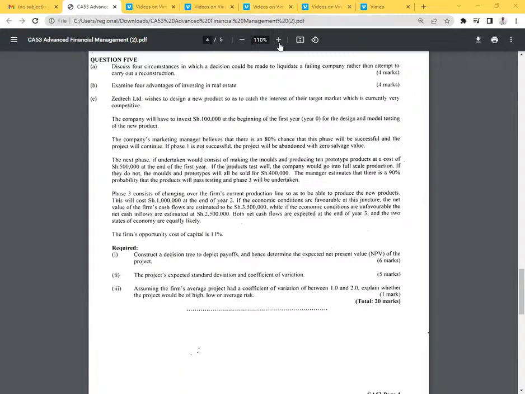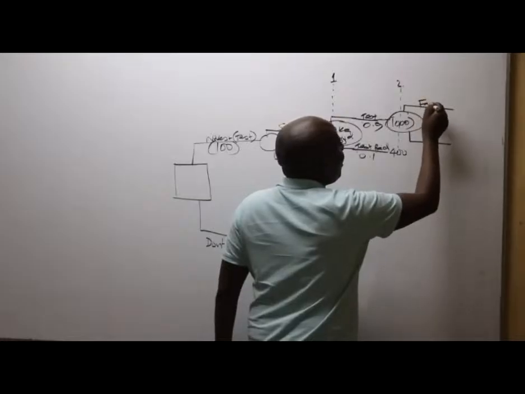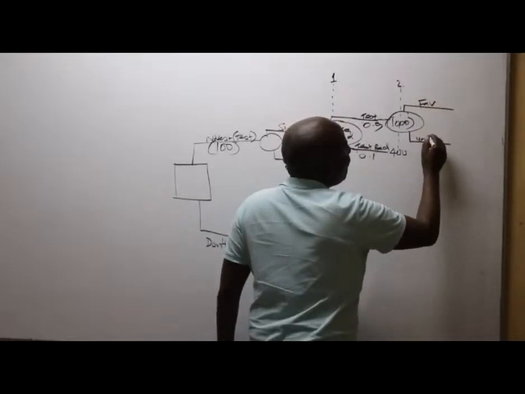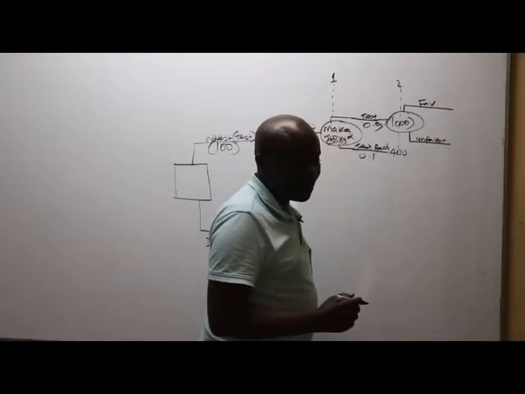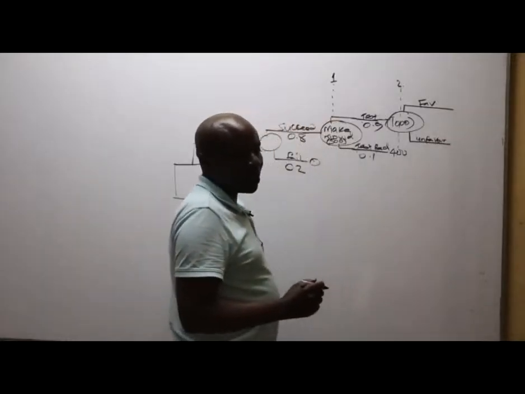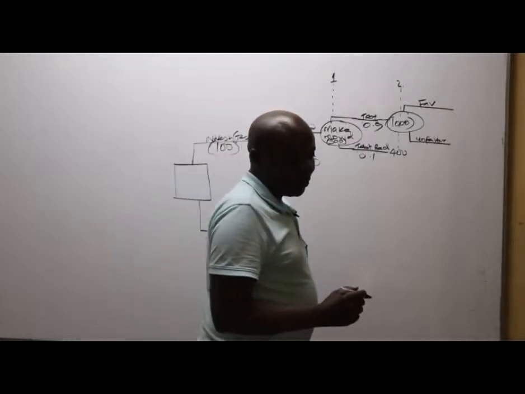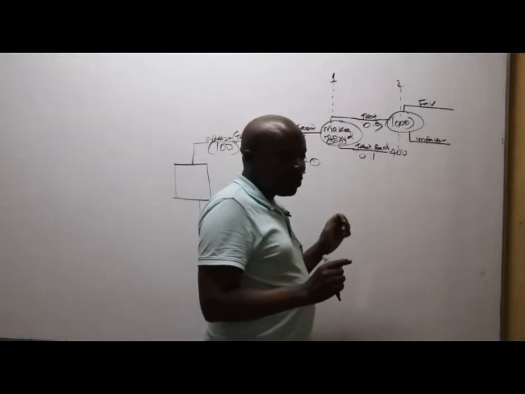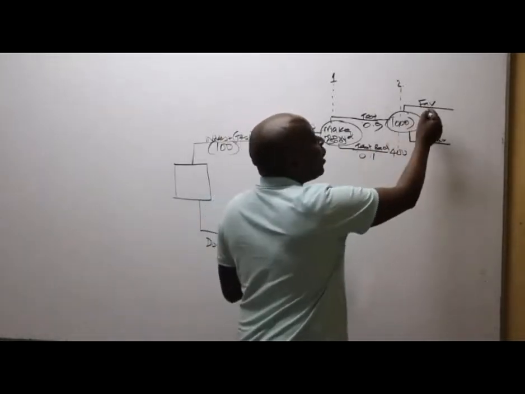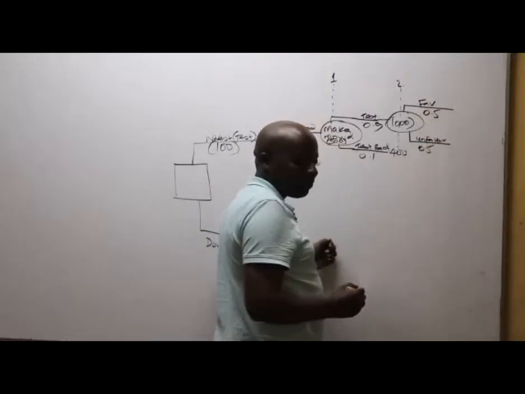So we have 2 economic states, either favorable or unfavorable, and you can see that the examiner has given us probabilities. What is the probability of favorable? They are equally likely, and because there are only 2, it will be 0.5.